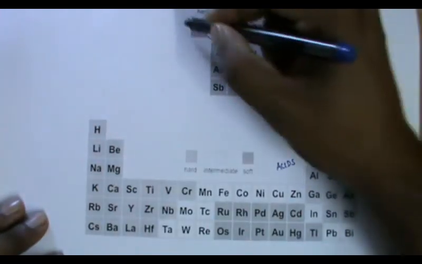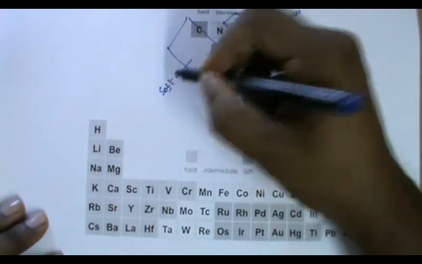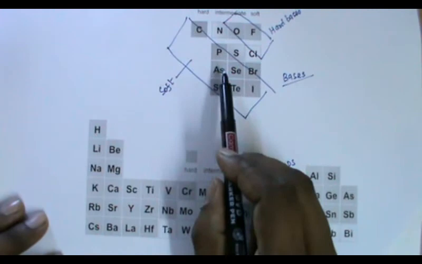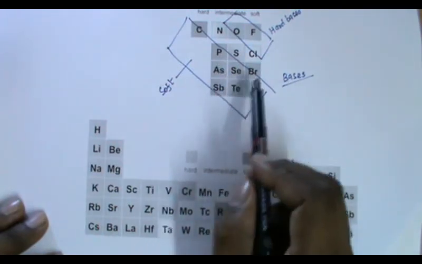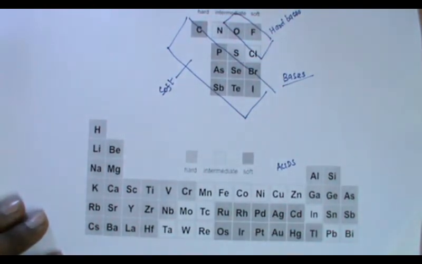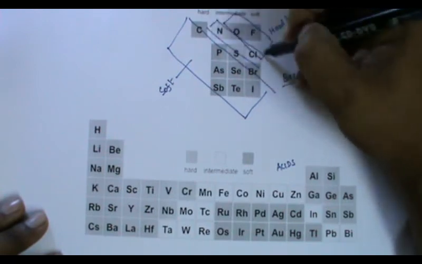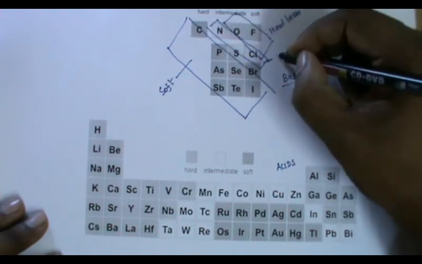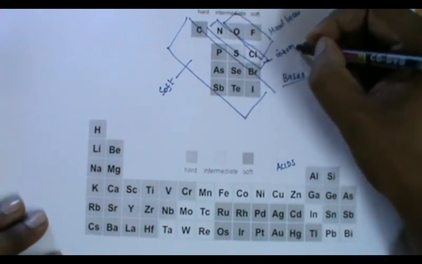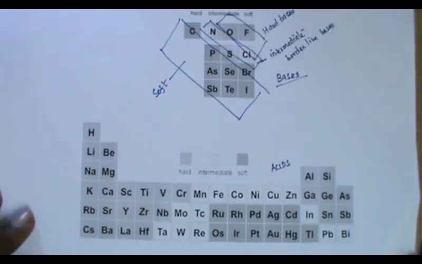This region, they are soft bases. So phosphorus, arsenic, antimony, selenium, tellurium, bromine and iodine are soft bases. Nitrogen, sulfur and chlorine, these three are known as intermediate or borderline bases.